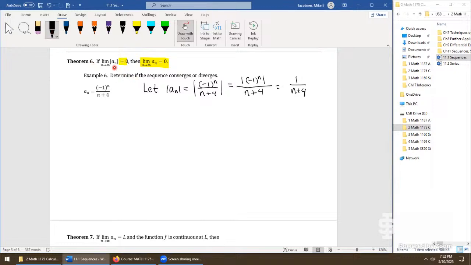Let's take the limit. Let's say here then, limit as n goes to infinity of absolute value of a_n equals limit as n goes to infinity of 1 over n plus 4. And that's a rational function. It, in fact, has a horizontal asymptote. Anyone happen to know what it is?